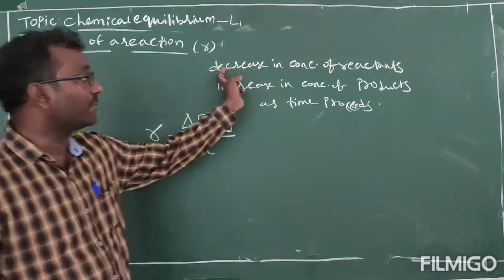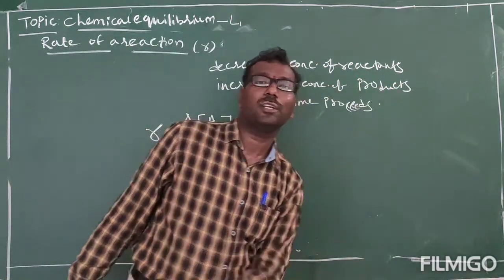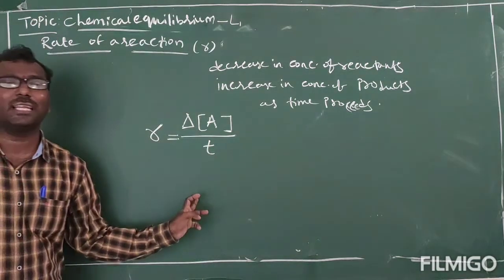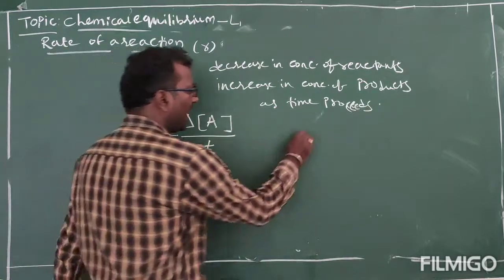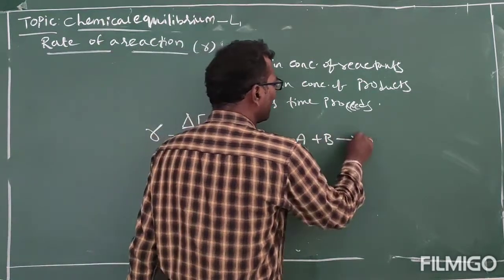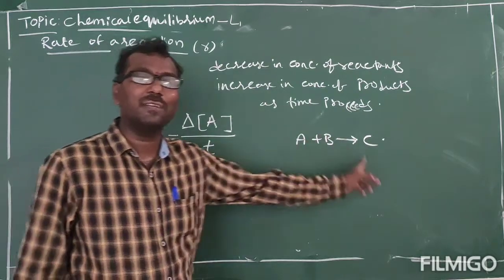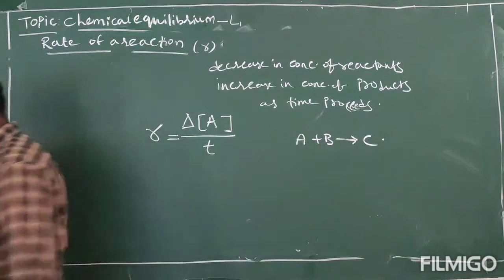And there are two types: decrease in concentration of the reactant and increase in concentration of the product. So what can I write now? The rate of a reaction will be different. Suppose you take A plus B gives rise to C, the rate of reaction with respect to A is different, and the rate of reaction with respect to B is also different.